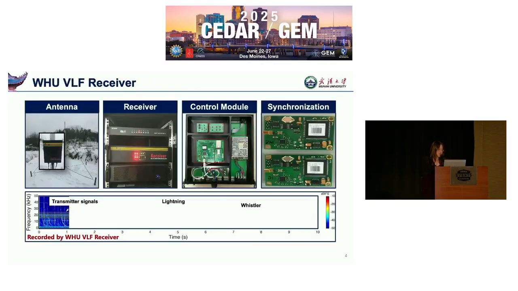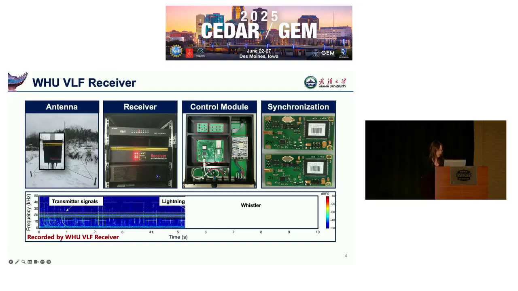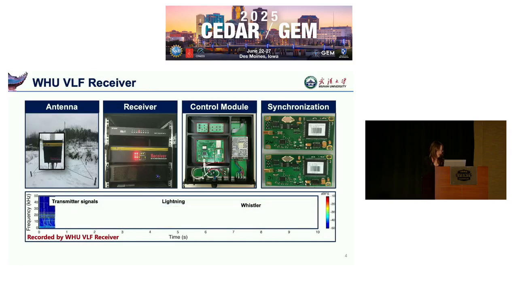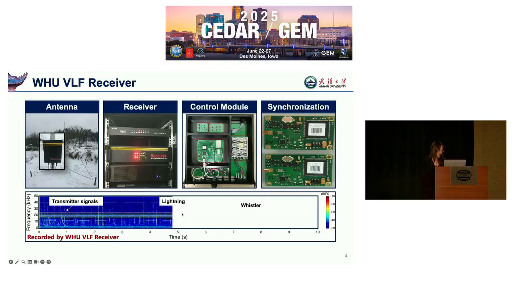We have developed a very low frequency signal detection system. You can see in the lower panels that there are some horizontal lines with fixed frequencies. They correspond to different transmitters, and we can also observe the lightning signals in the received data, and also the tweek shapes like this.